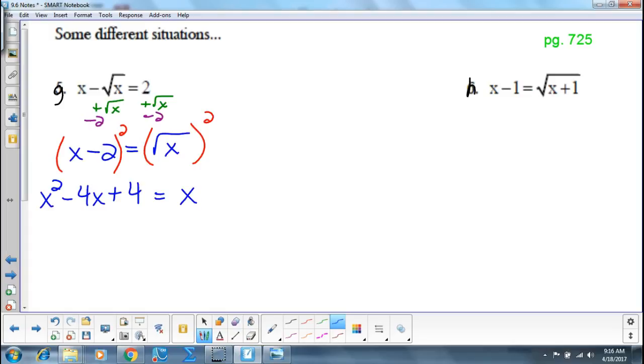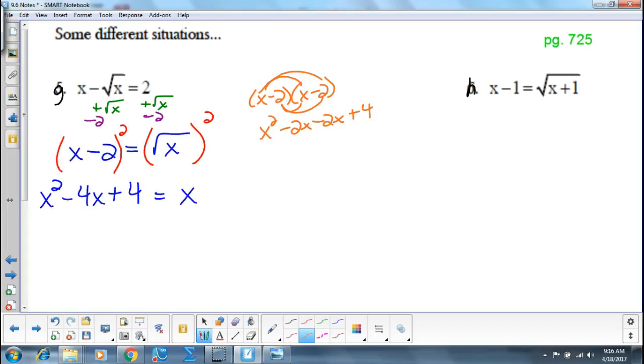Side note, that is x minus 2 times x minus 2, which is x squared, minus 2x, minus 2x, plus 4.